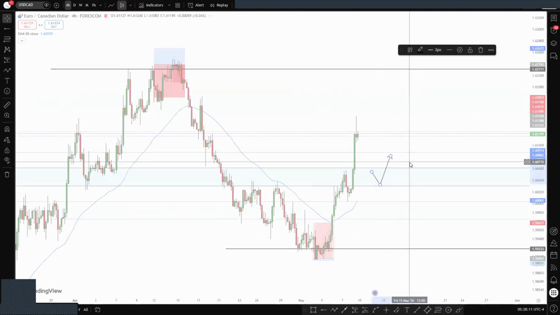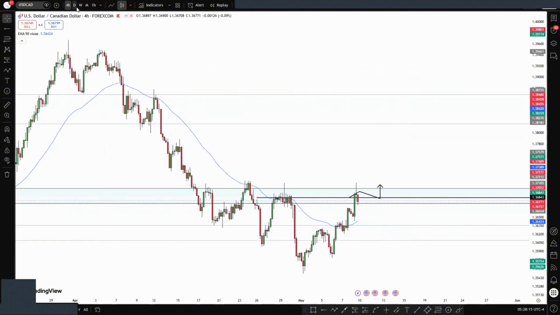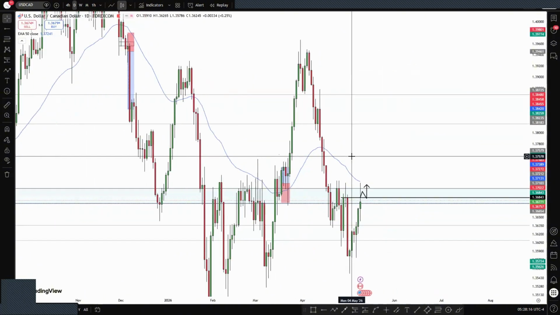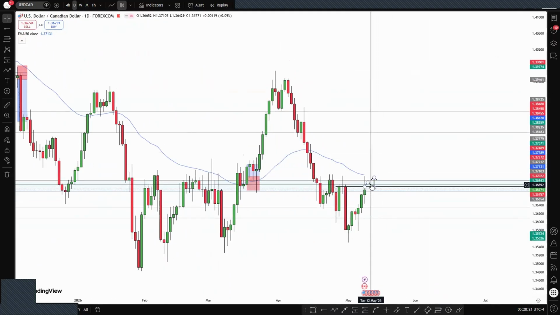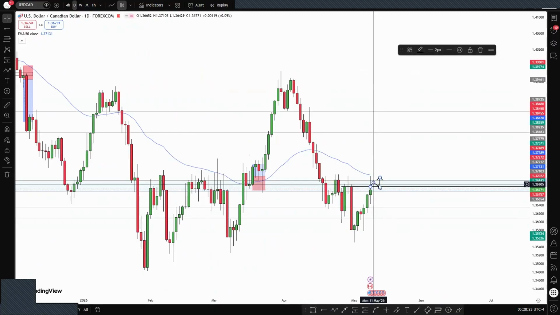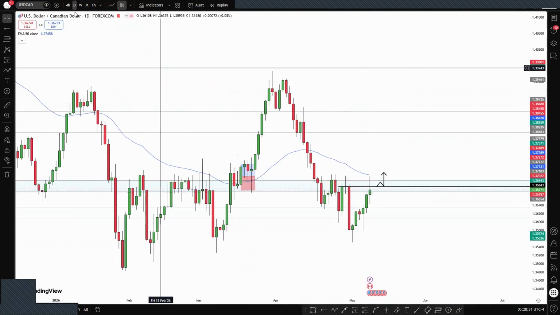And now we have NZDCAD. I'll be a bit quick now. You can see price broke above. Price is trying to break above this, because this is where I only want to catch my buys. Why?